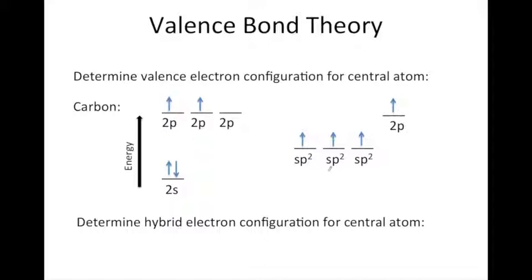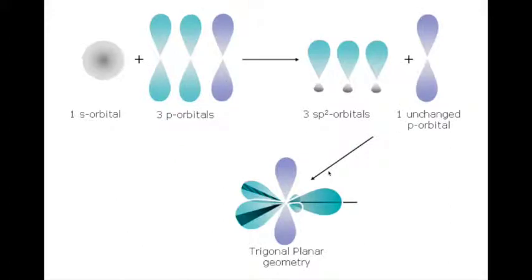So now we've placed all 4 of our electrons. So now, for this hybridization, we took 1 s and 3 p orbitals, but we only used the s and 2 of those p orbitals, so we formed 3 sp2 hybrid orbitals, and then we still have 1 unhybridized or unchanged p orbital.